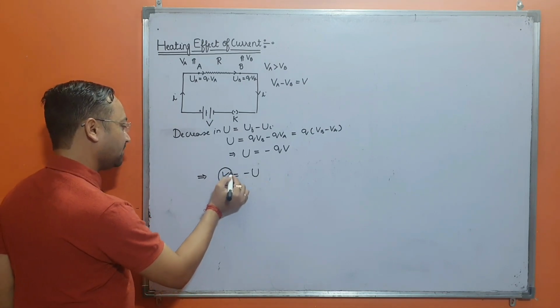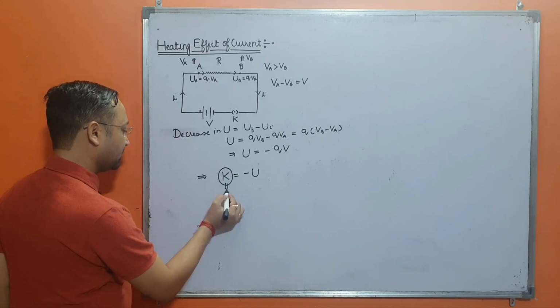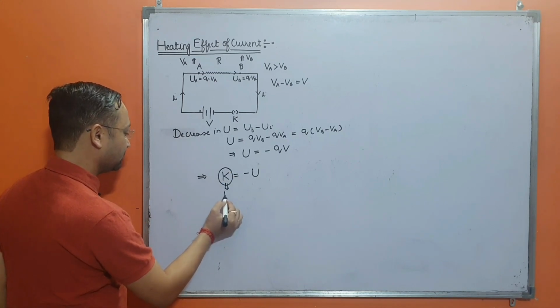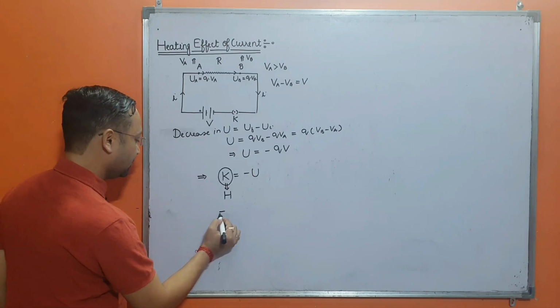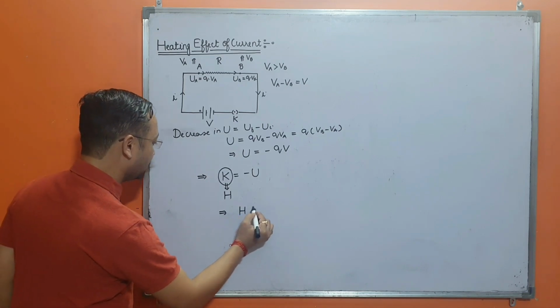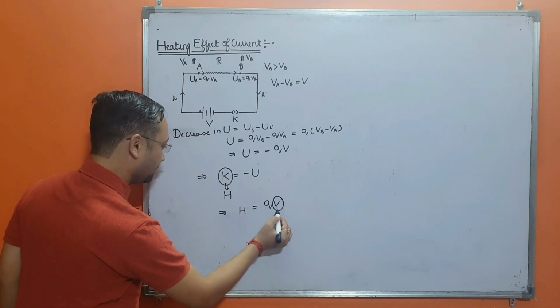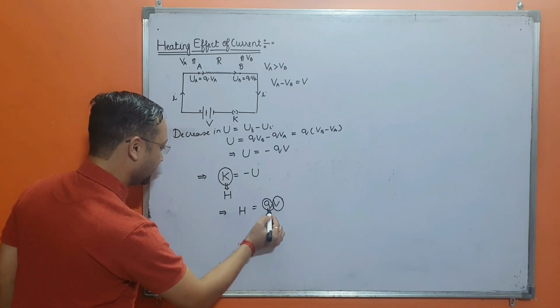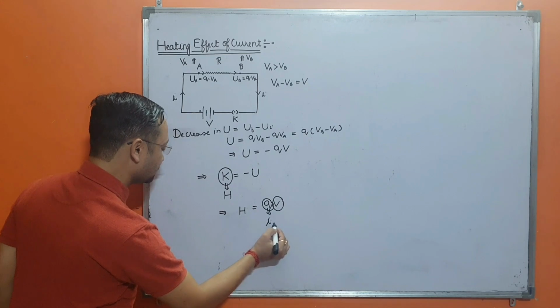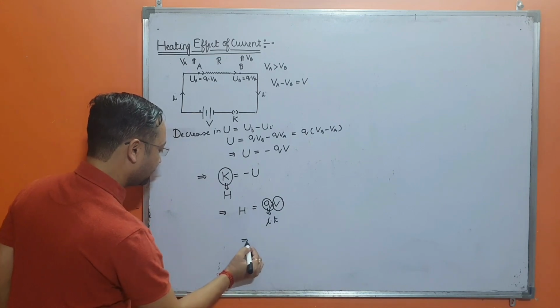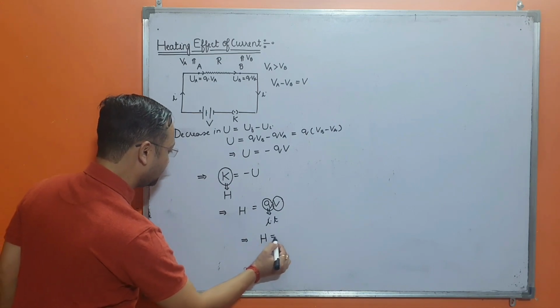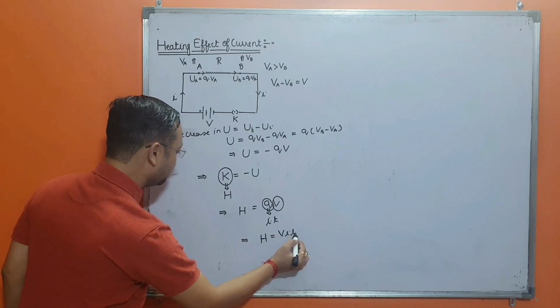Whatever amount of kinetic energy is lost, it will be lost in the form of heat. So this is the heat H, and H will be equal to Q into V. We know that Q can be written as I into T, meaning when I ampere current flows for time T, the amount of heat produced is VIT.